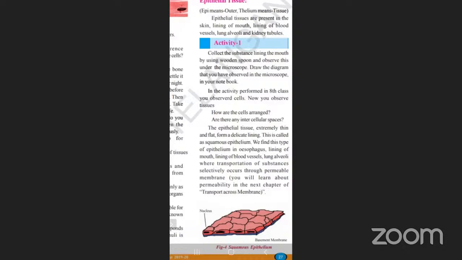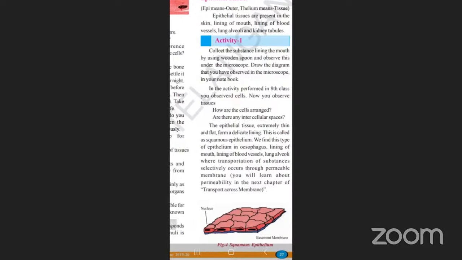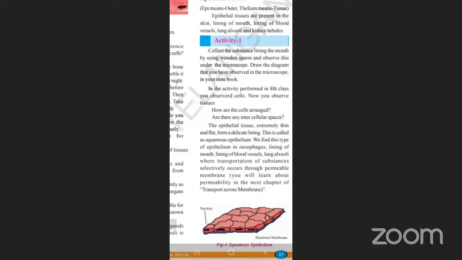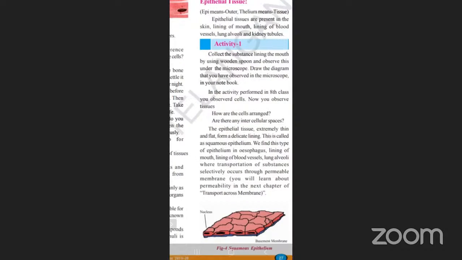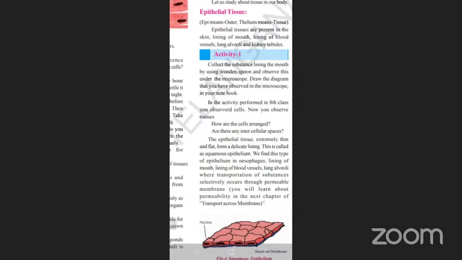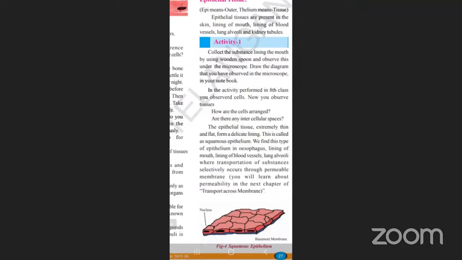After that, we can place it on the stage of the microscope and observe through the eyepiece. While you are observing, you have to maintain an observation book, like a normal book, to draw the diagram of what you have observed. Later, you have to compare the diagram with your textbook.